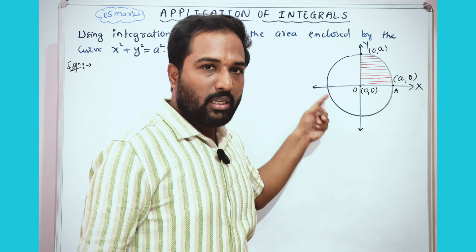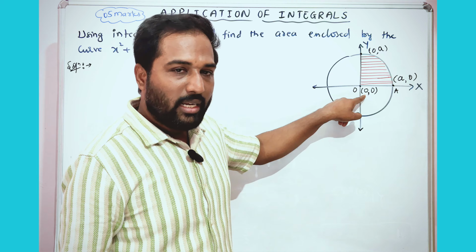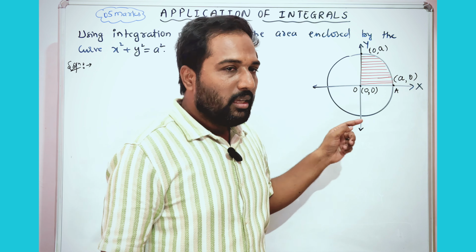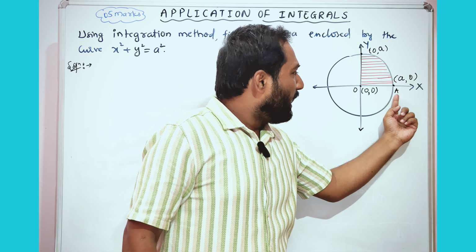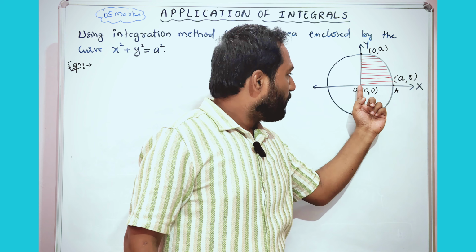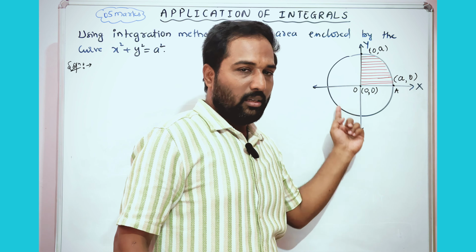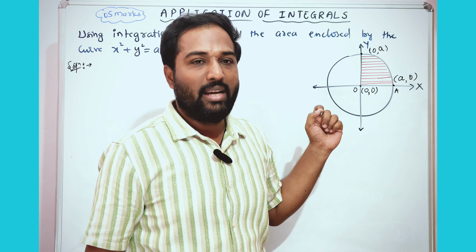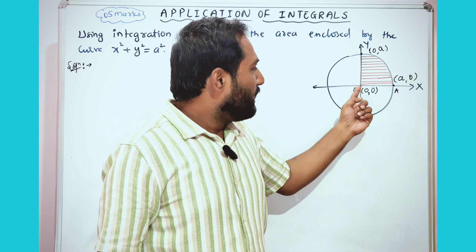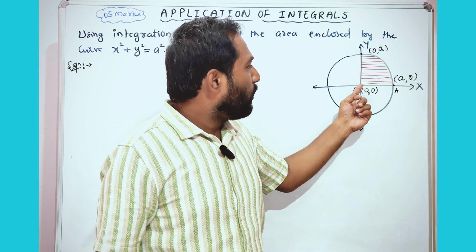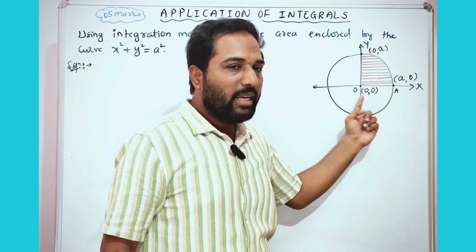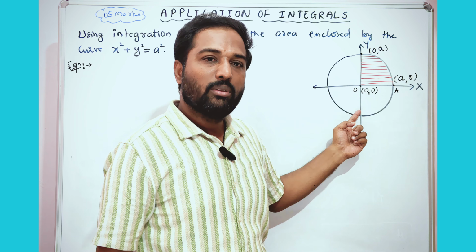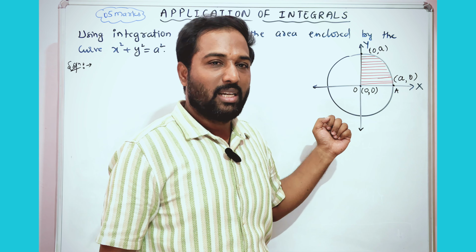This is the equation of a circle with O as the center, 0, 0, and this is the point A. From the center to anywhere on the circle, you know what it is? Yes, we call it the radius of a circle. From the center, wherever you draw a line in any direction, that is the radius of a circle.